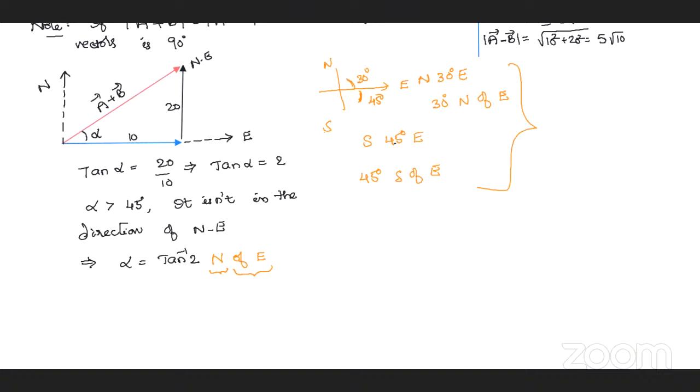Once you check, did you understand this point or not? Saying angle towards north, towards south with east.